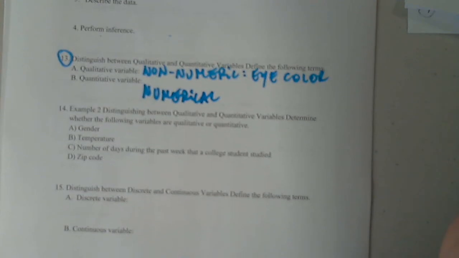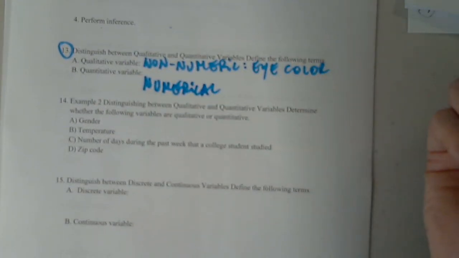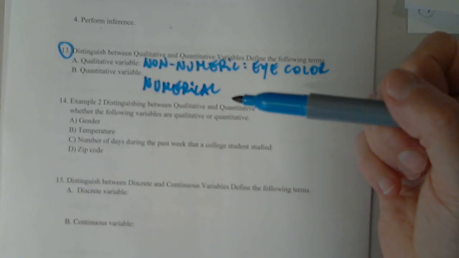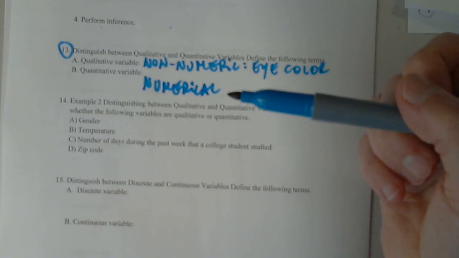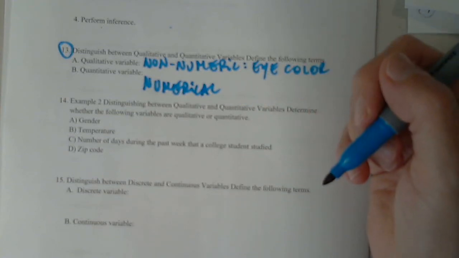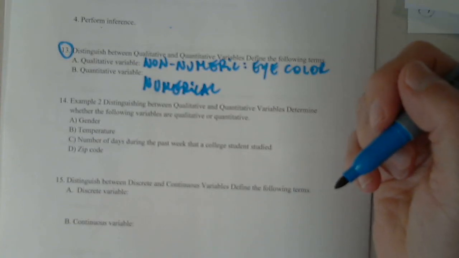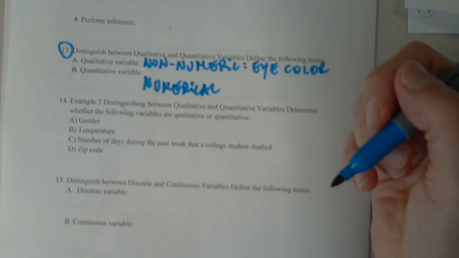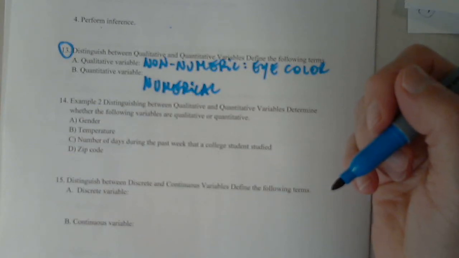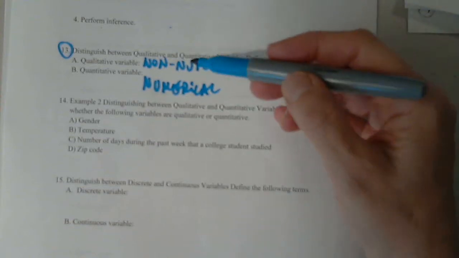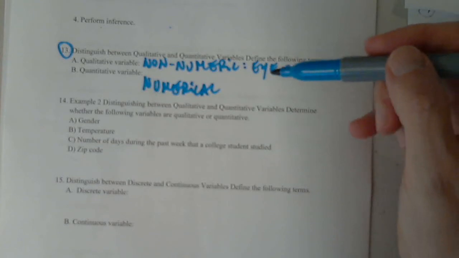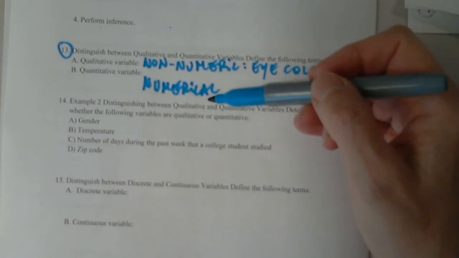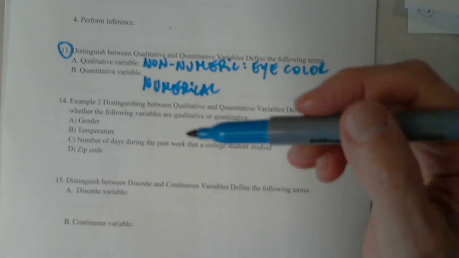Quantitative is numerical. Non-numerical, like eye color; numerical, like quantitative.